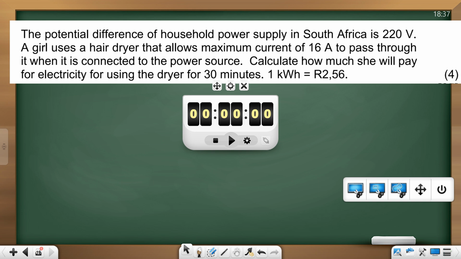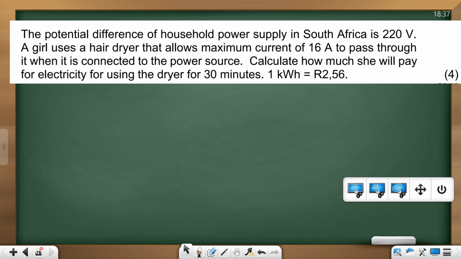All right, you said your answer is again 4 rand. 4 rand? I'm seeing 4 rand 51 there. Quite, yeah. And why do you have 1 rand 28? It cannot be 1 rand 28. I don't think so.